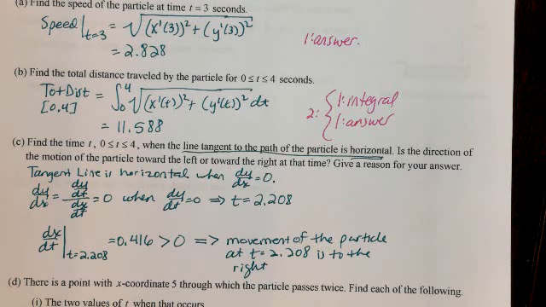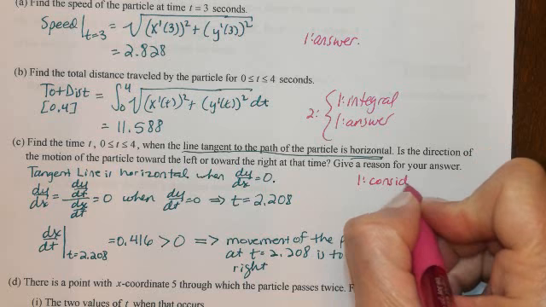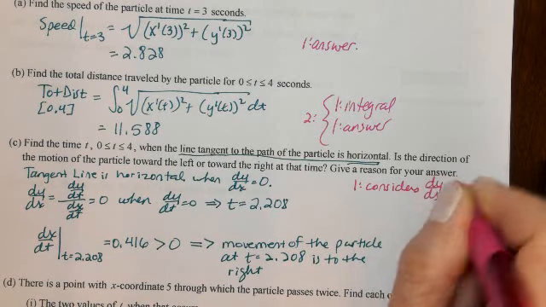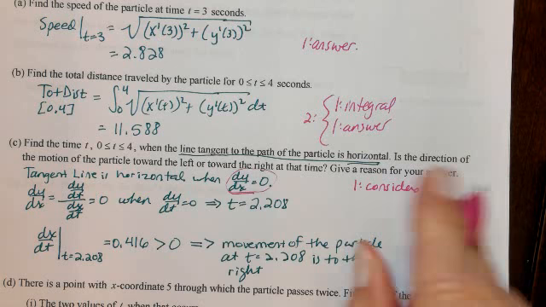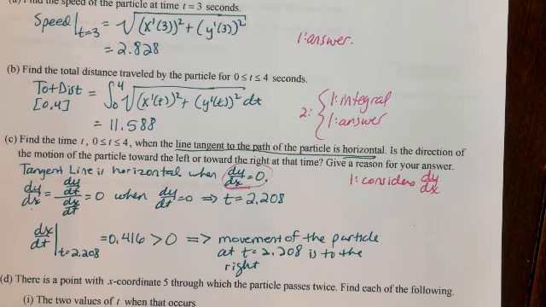Okay, this part of the problem was worth 3 points. 1 point for considers dy dx. I had to consider dy dx, so writing that was important, you guys. Tell AP your thought process.